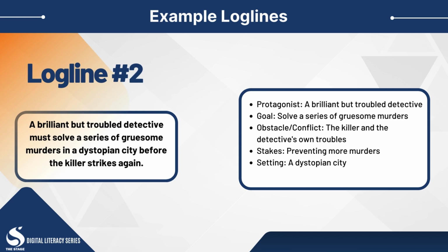Now the obstacle, the conflict, while it's not necessarily mentioned in the log line, it's implied. The conflict or the obstacle in his way is the killer, and we know that the detective is troubled. So it's the detective's own trouble. He has some weaknesses here that serve as an obstacle for him.